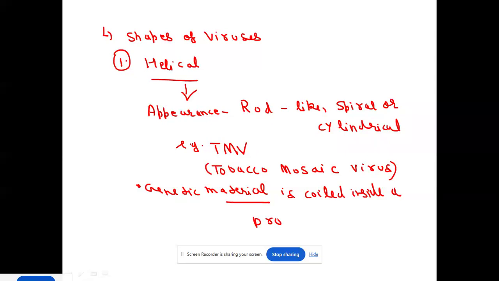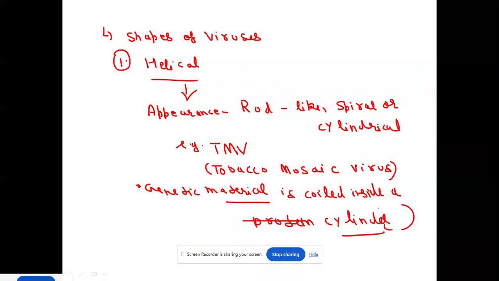This type of structure is seen. So remember one thing, helical shape, TMV. Next important one is polyhedral.